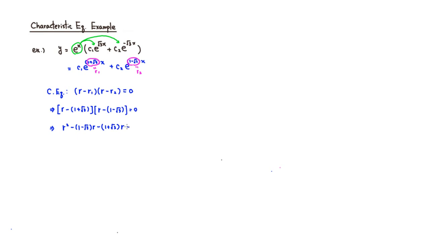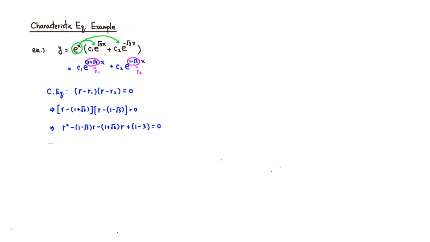And then, multiplying out the last terms, this is a plus b, a minus b, so it's going to be 1 squared minus square root of 3 squared, which would be 3, equal to 0.